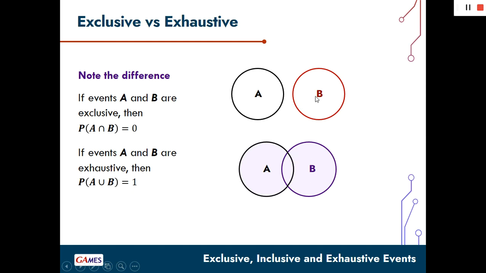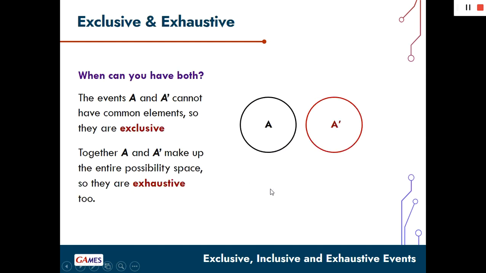So this is not exclusive, this is not exhaustive. The only way this will be exhaustive is if this is a complement of this, which means all the outcomes you have in the two make up the entire sample space. This other diagram here is not exclusive, but it's exhaustive.